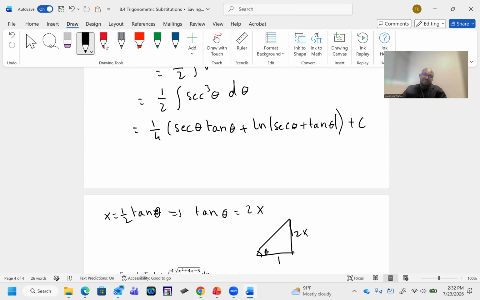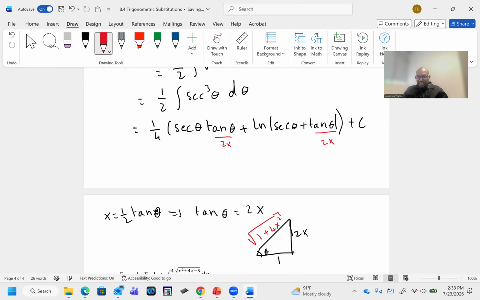And in this case, my hypotenuse will be 1 squared, which is 1, plus 2x squared, which is 4x squared. We already have tangent theta. Tangent theta is 2x.